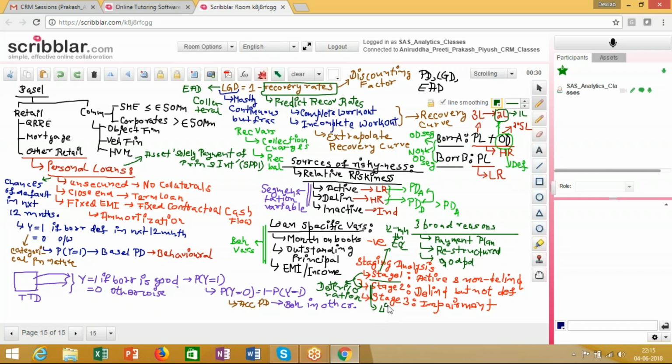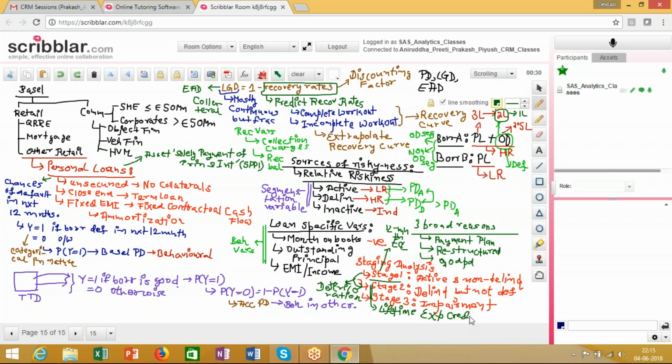So over here what you need to do is develop a lifetime model, and we would be talking about lifetime expected credit losses.